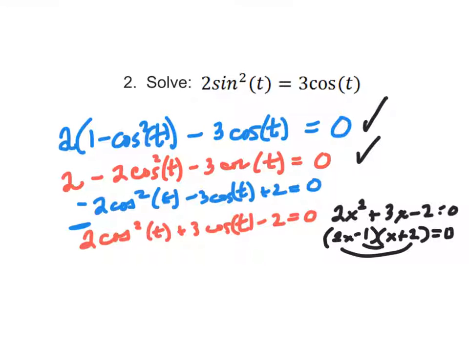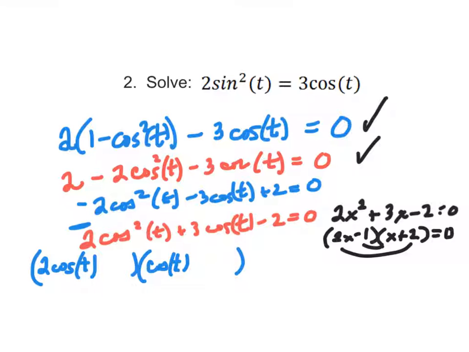Now I'm going to come back to my cosine function, and in my parentheses I'm going to put 2 cosine of t in the first parenthesis, first term, and then I would have cosine of t in my second parenthesis there.